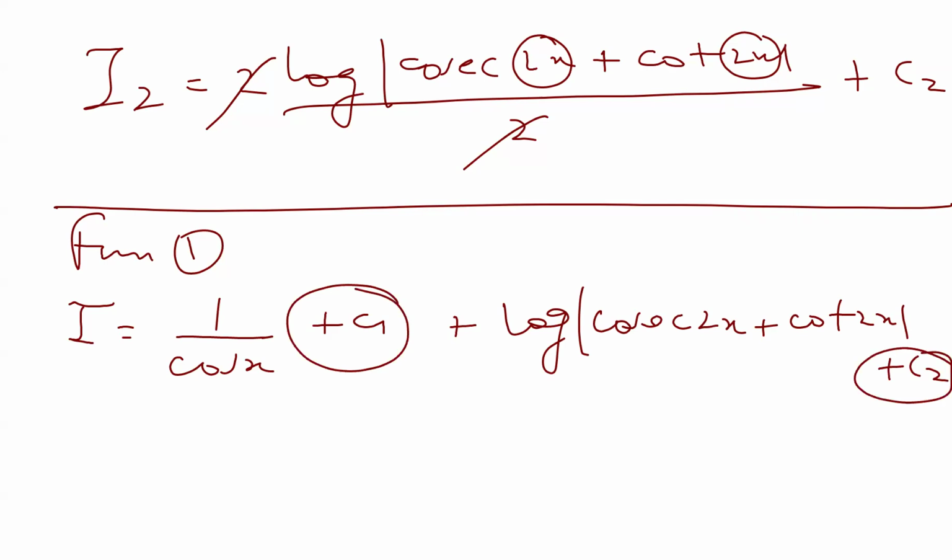So c1 plus c2 you can write as plus c towards the end and just mention c is equal to c1 plus c2. So this is how you solve this particular problem. Let's go to the next problem, that is question number 8.